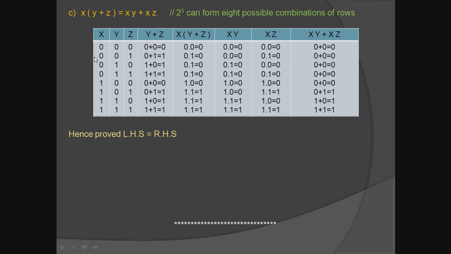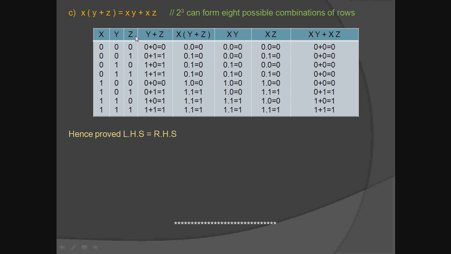So we have the first 4 rows of x as 0, next as 1, and similarly for y and z. You can put this in random orders also, but the outcome will be the same. These are the only possible combinations that can be formed out of these three operands.